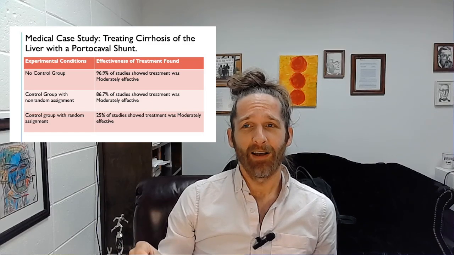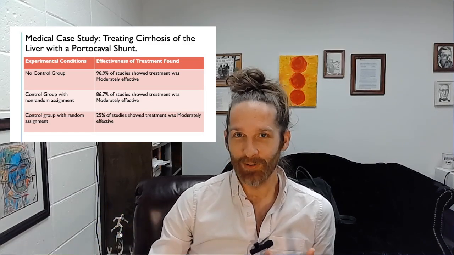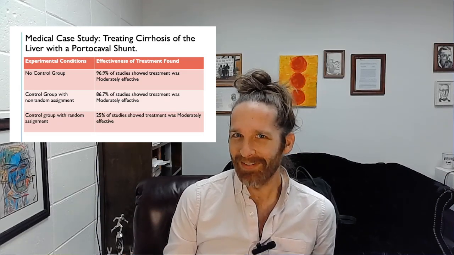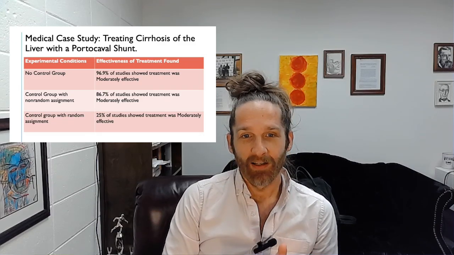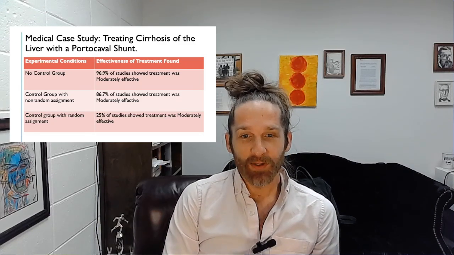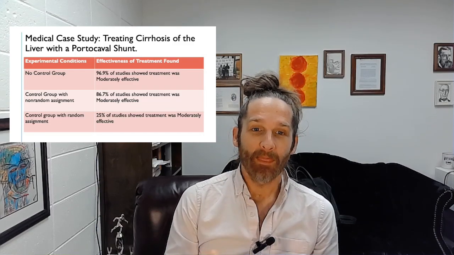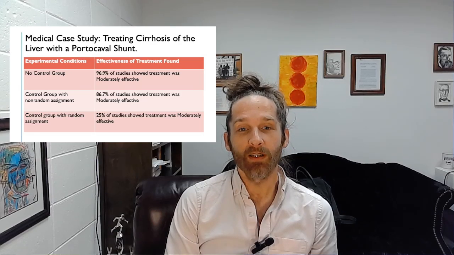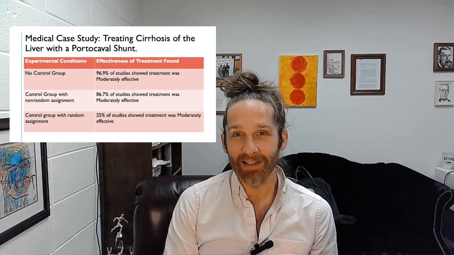The administrator of the test doesn't even know who was in which group, so there's no subtle "you're gonna get better" sort of communique that was given. And when that happened, only 25% of studies showed that treatment was moderately effective, which means in the first study with 97% moderately effective, almost 70% of that was a spurious effect.